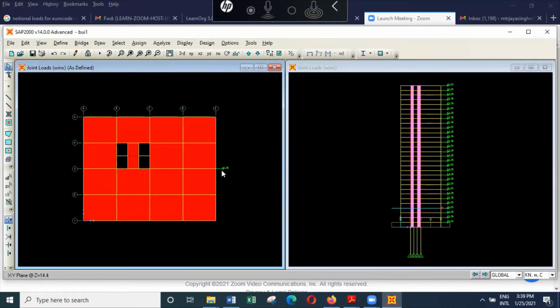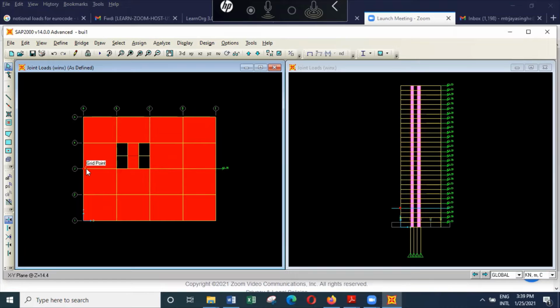It's correct because we have considered something like a rigid slab here. So if you apply the load in the line of action, then it will be okay, because this is the line of action.